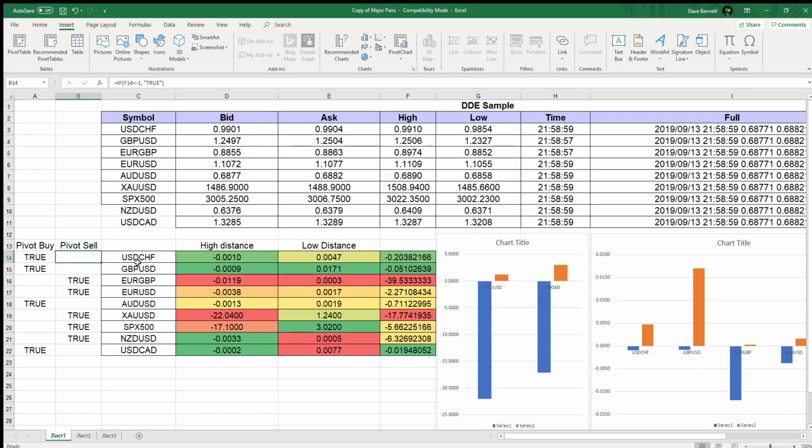Now, if dollar Swiss becomes a sell, it needs to be less than -1, that value. So we see that the euro pound's 119 pips from the high and 3 pips from the low. Now that satisfied the sell criteria.